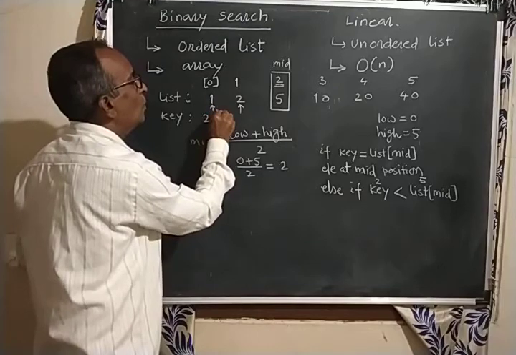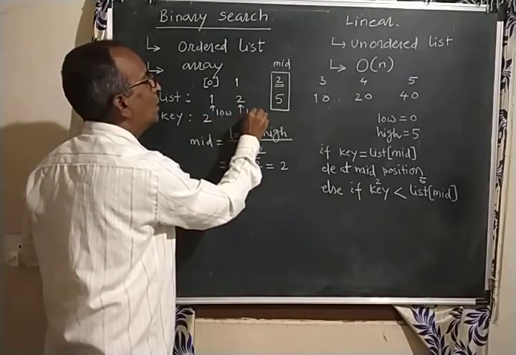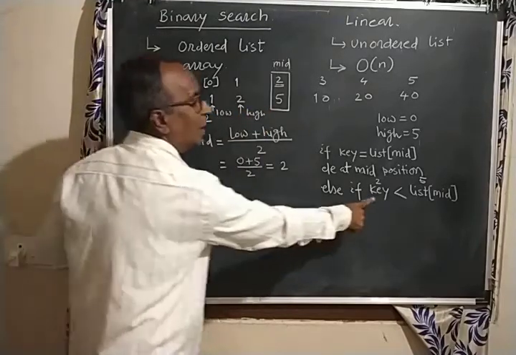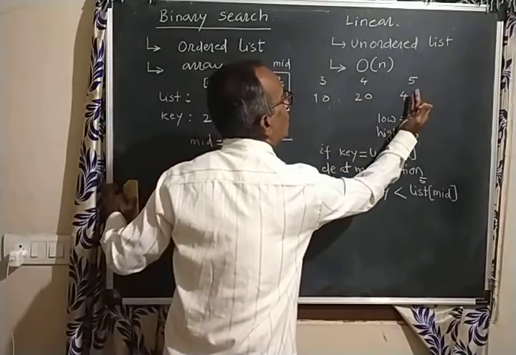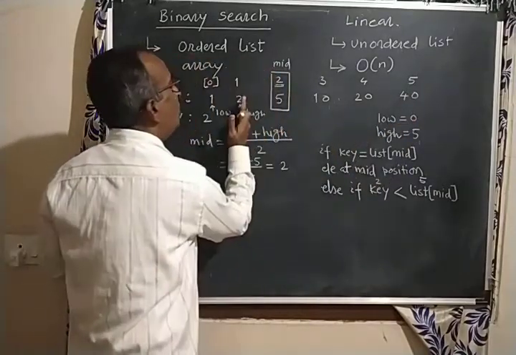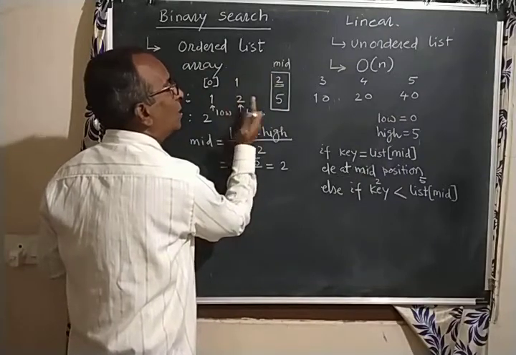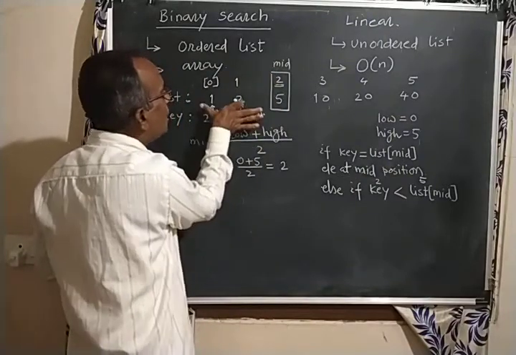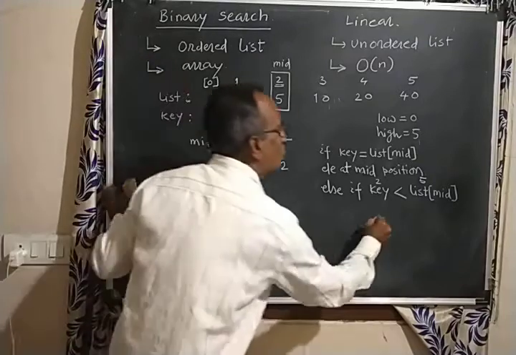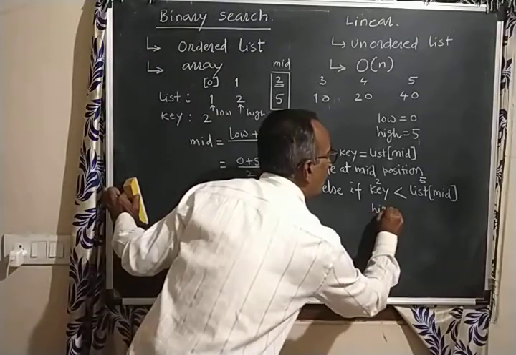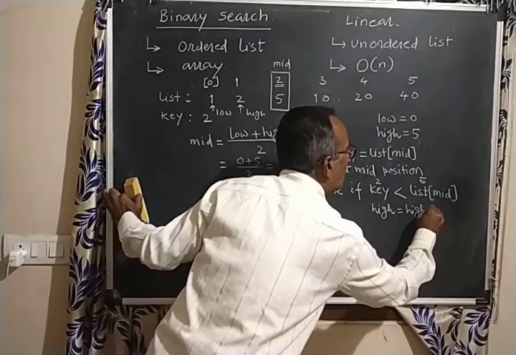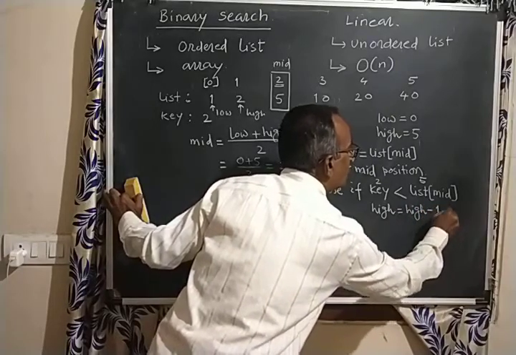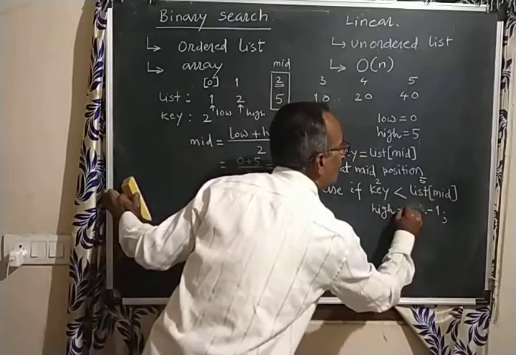This is low, this will be high. High was pointing here, now high will be here because the element is to be found in this sublist only. So what we are doing here is high is given mid minus 1.